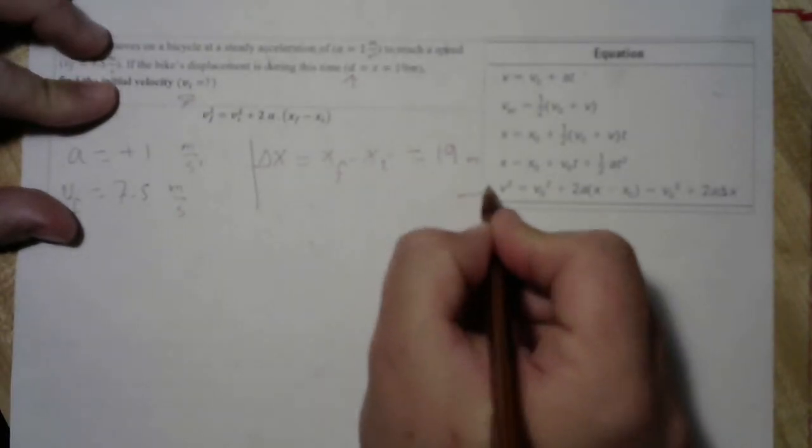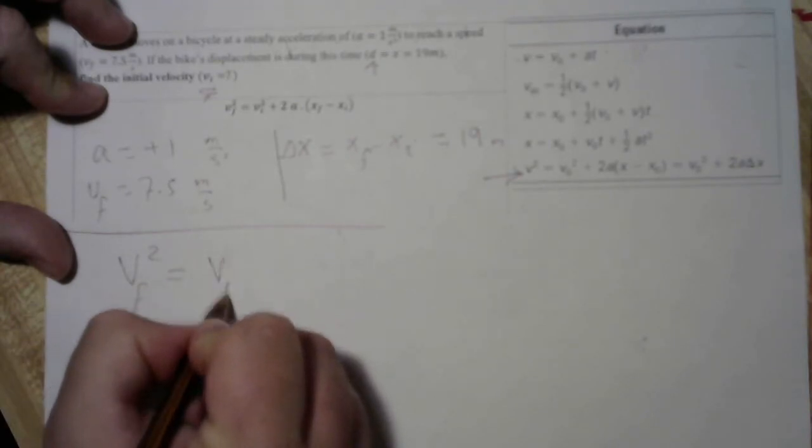I don't have the time in my problem, so I need another equation, which is the last one, which has v squared is equal to v0, or v initial, squared plus 2a delta x. Okay, I will use the last one.